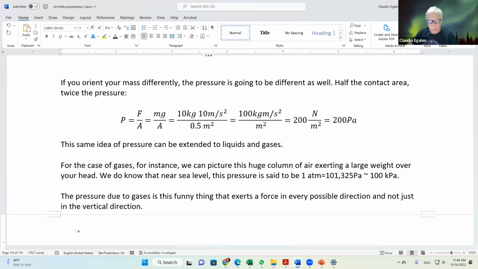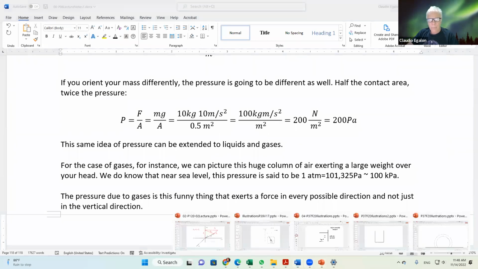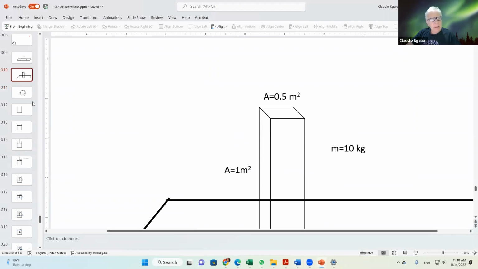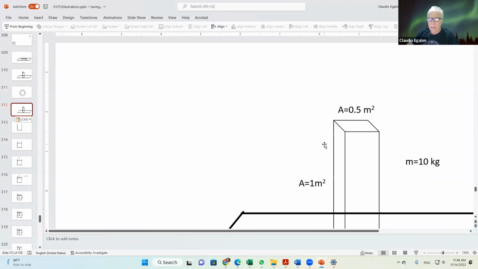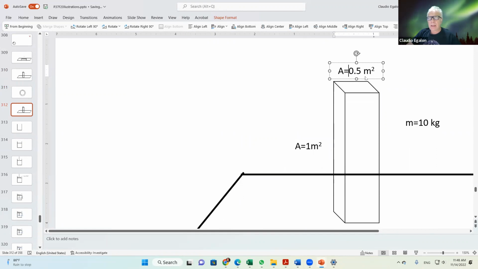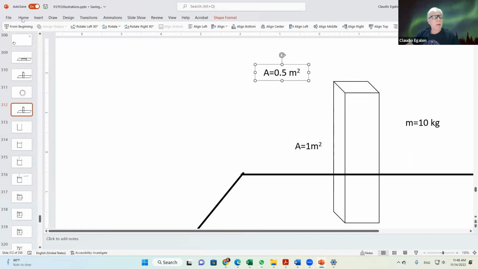So if you are a test subject here on the Earth, the pressure that you feel is not just at the top of your head, but the pressure that you feel due to this ocean of air is applied not just to the top, but in a direction that is perpendicular to the surface.